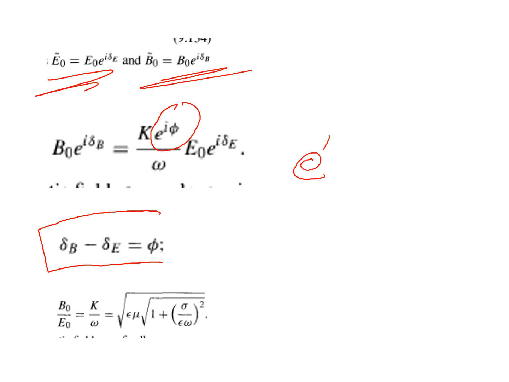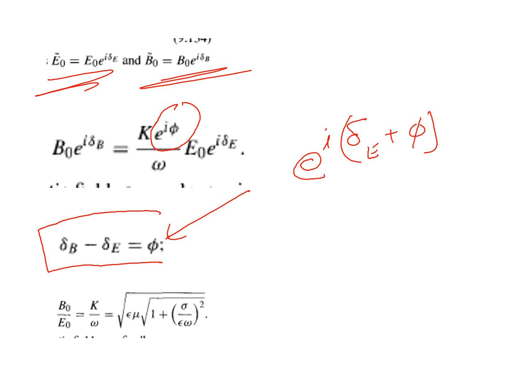E0 e to the power i delta E plus phi is there in case of the magnetic field. So delta B minus delta E is equal to phi. And also B0 by E0 is equal to k by omega.